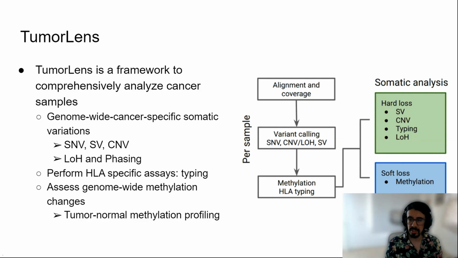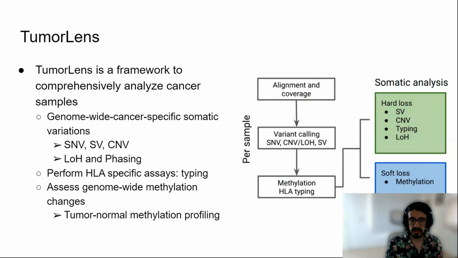I haven't mentioned phasing yet. When you sequence, you will have 2 copies of DNA, one from mom, one from dad. What we do with phasing is try to separate these 2 copies when they exist. If there's LOH, of course, we cannot do that. But when you have the 2 copies, we separate which reads come from each of the parents.